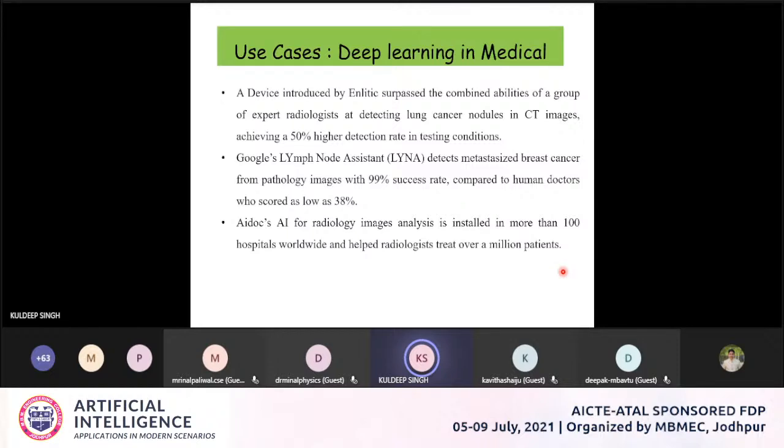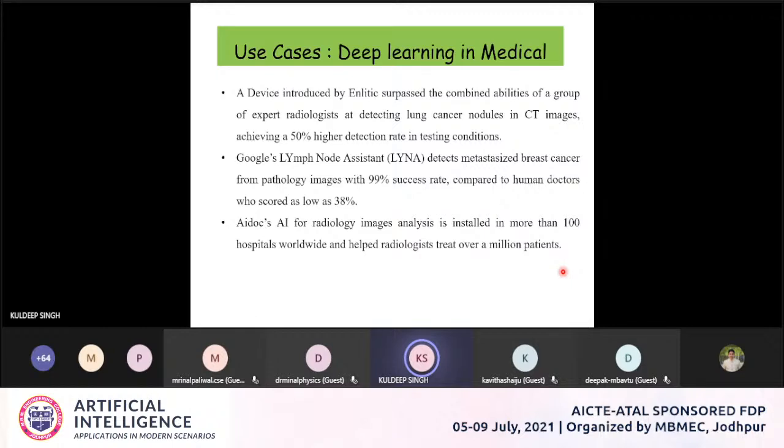Of course, these deep learning models are trained with the knowledge of these radiologists and doctors, but once they are trained and provided ample data, the performance is very high.